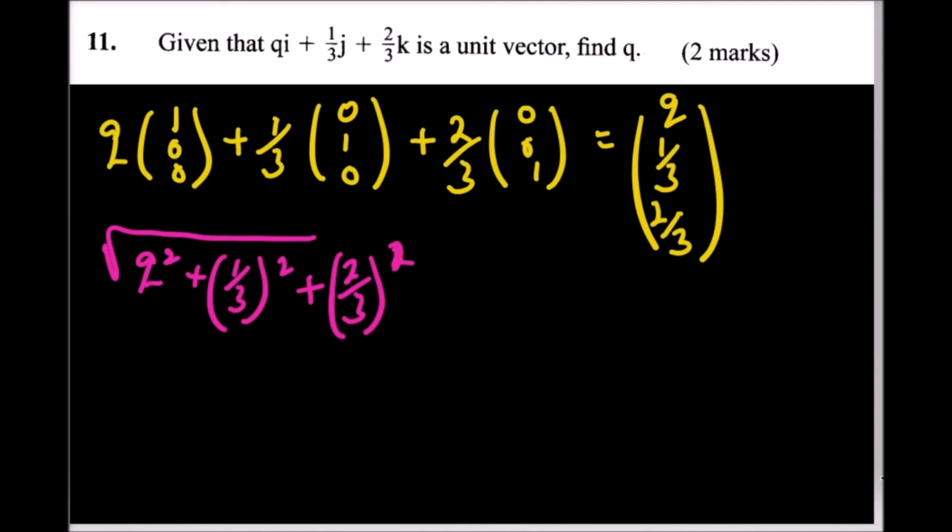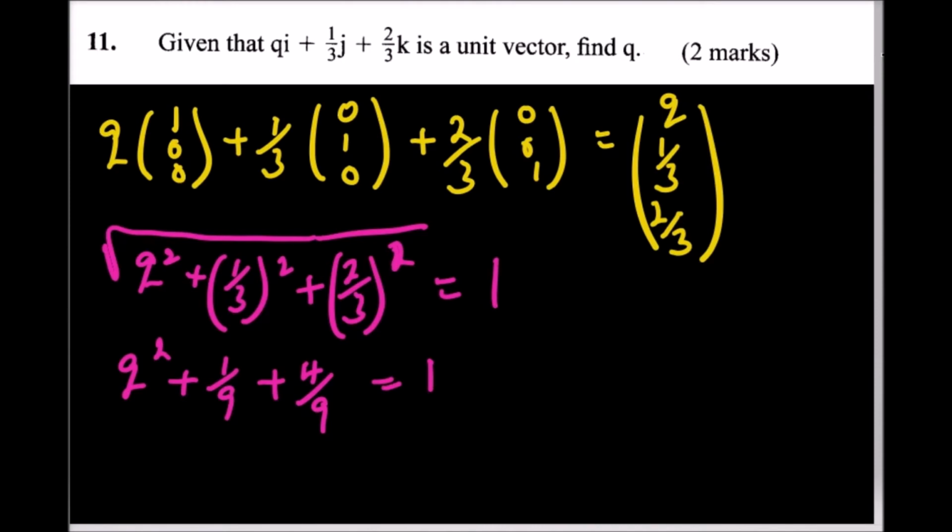And because we are told it is a unit vector, it is equal to 1 squared. So when you open the bracket, you can square both sides. This is 1. So when you square both sides, you get q squared plus 1 over 9, then plus 4 over 9 is equal to 1.